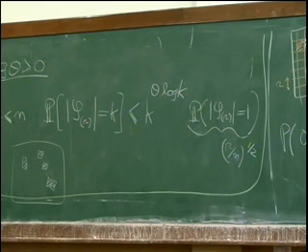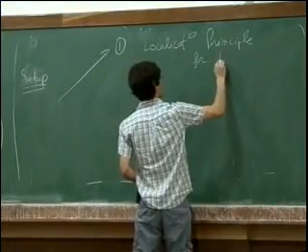So the setup of the proof is divided as follows. A first step is to prove a localization principle for the spectral sample.